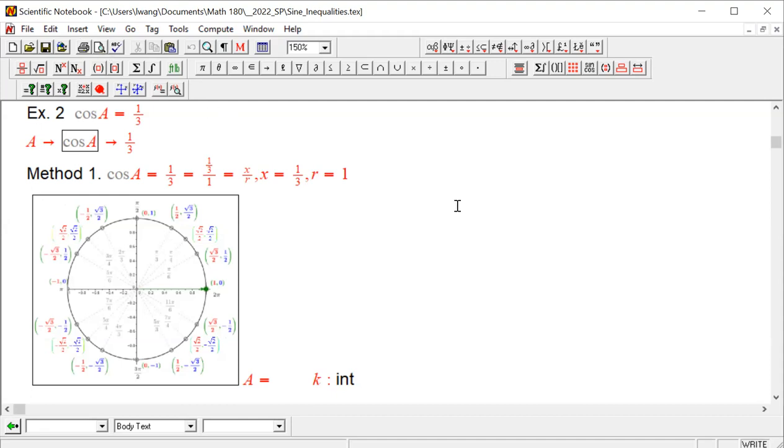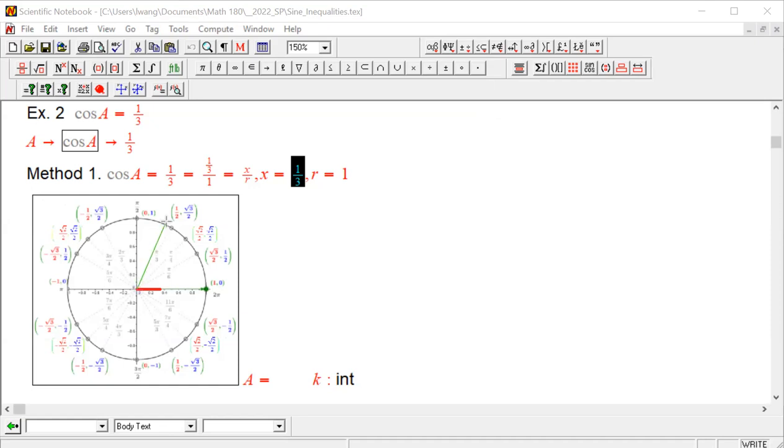We can certainly draw that 1/3. This whole thing is 1, so this is going to be 1/3. This is 1/3. What is r? r equals 1.